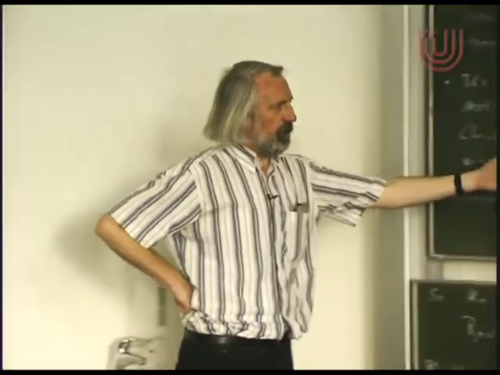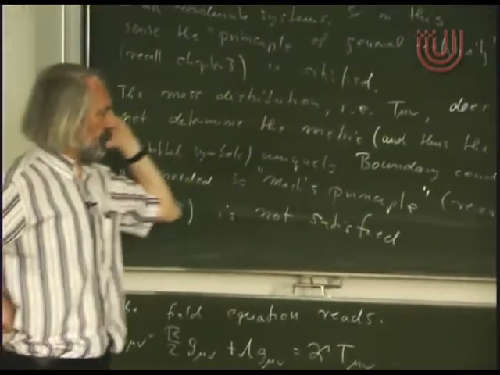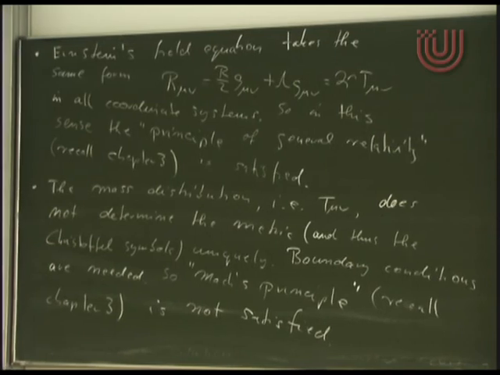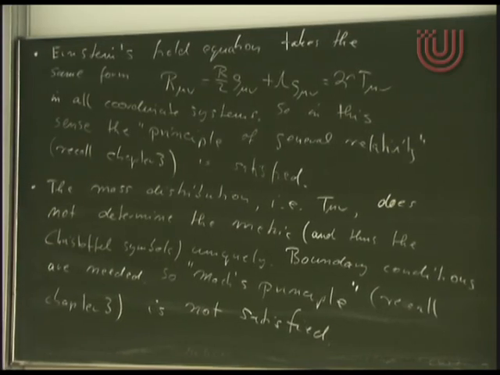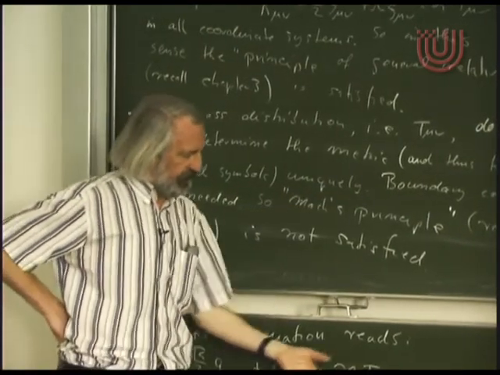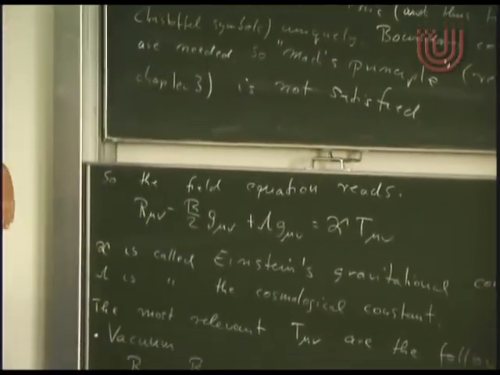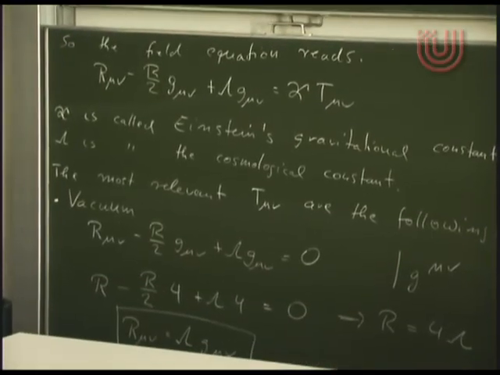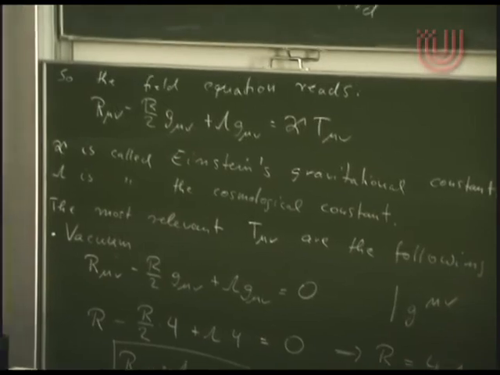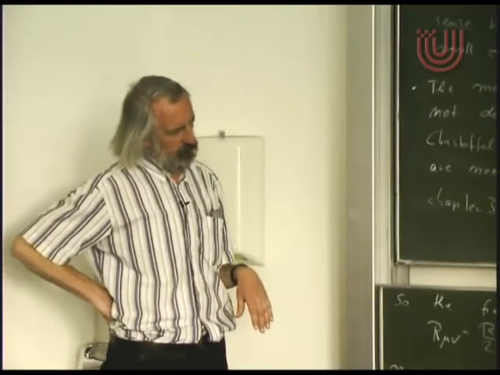So this is a matter of debate still among people who are interested in this particular aspect. But I think most people working in general relativity don't care about Mach's principle much. They are satisfied with the field equation. They know what to do with it, at least in principle. And whether Mach's principle is satisfied or not is not considered a very important issue.